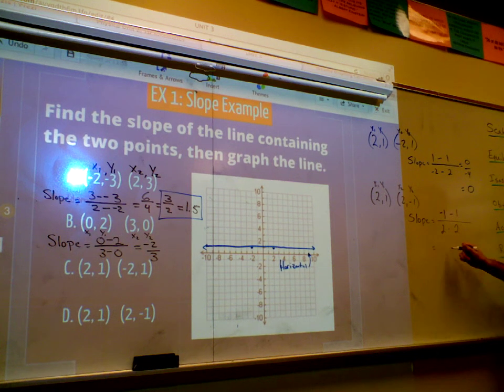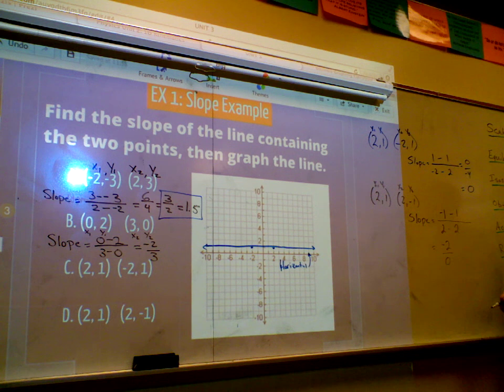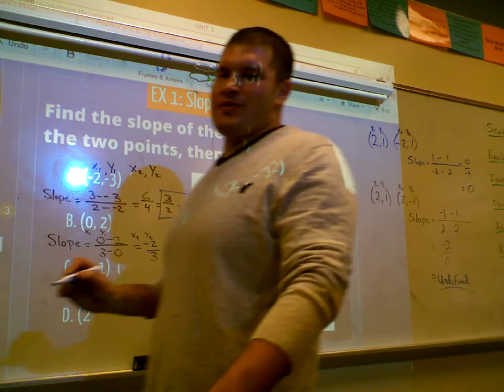So we end up with -2 over 0. Can we divide by 0? No. So this one is undefined. It's called an undefined slope.